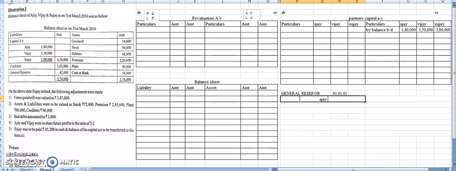Now Ajay, we will take the amount of general reserve, that is 42,000, multiply it with the old ratio, that is 1 upon total. So total is 3, 1 upon 3, and the answer comes to 14,000.